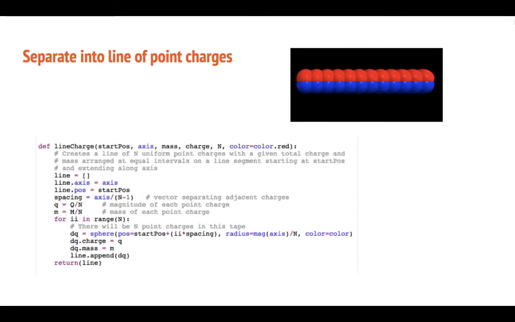So just to start off, I want to point out the biggest difference, as I said, is that now we're separating the tape into a bunch of point charges. The code seen below was given to us, and it separates what represents the tape into multiple different points, which are the spheres.